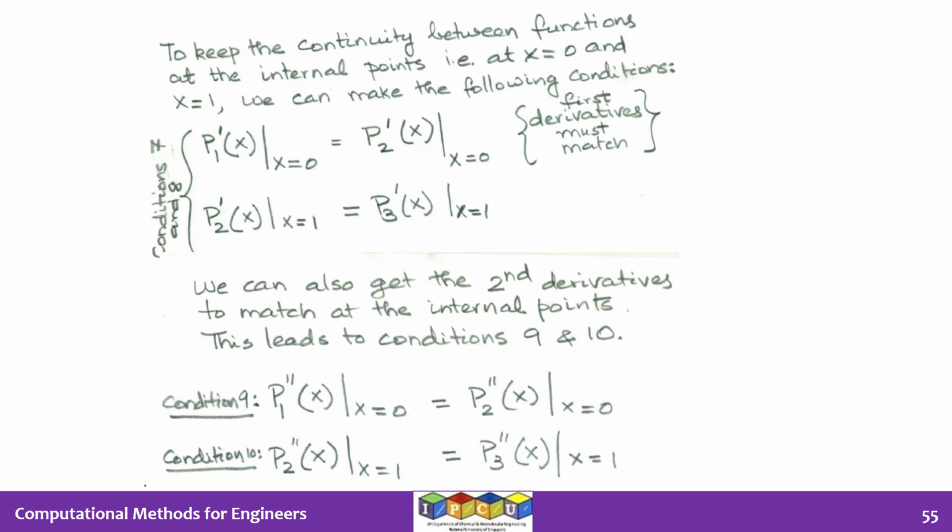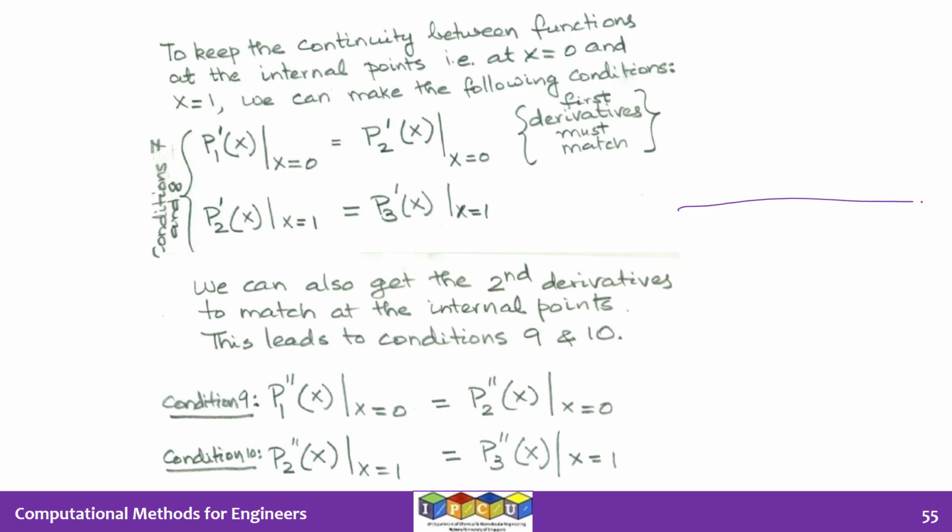How do you get 6 extra conditions so that we may make progress? One idea is to make sure that the slopes of the different polynomials match at the internal grid points.